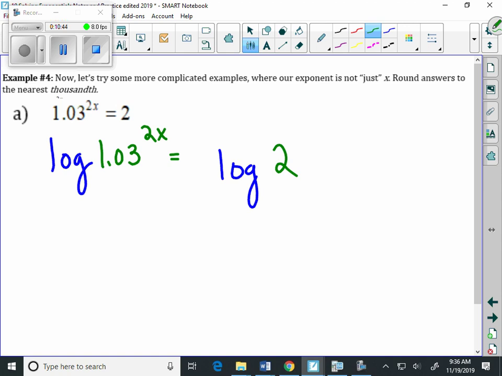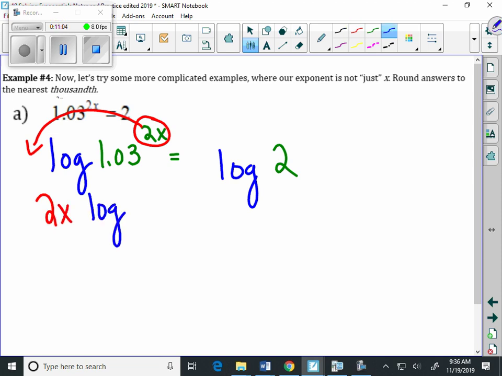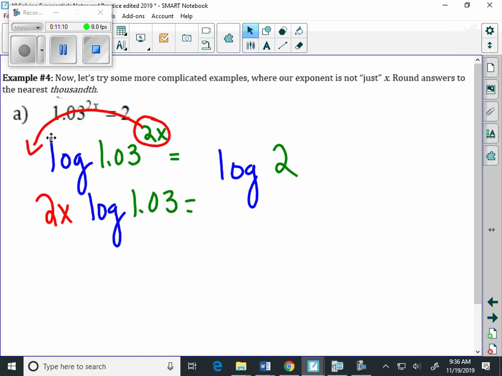Second step, use our logarithmic property. And what's going to happen is we're going to take this 2x, we're going to bring it up front. So we end up with 2x log of 1.03 equals log of 2.